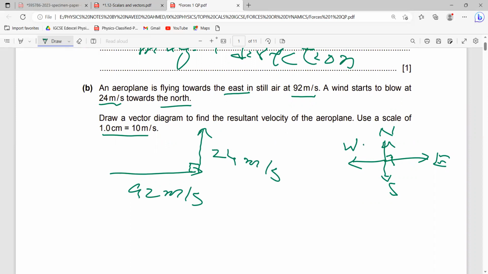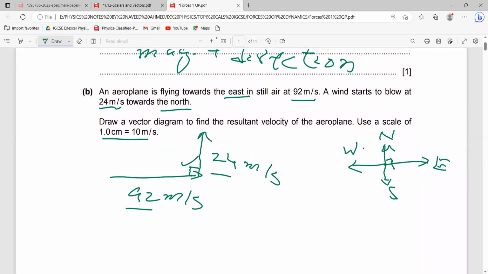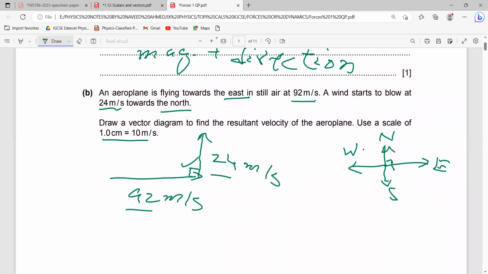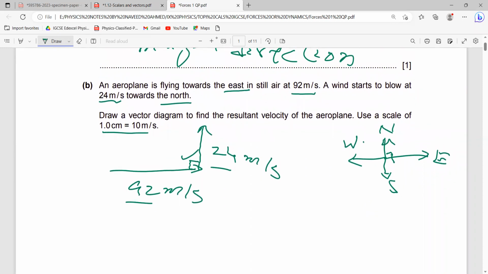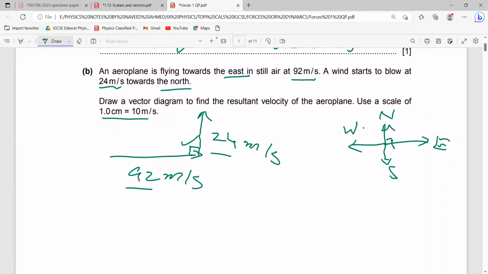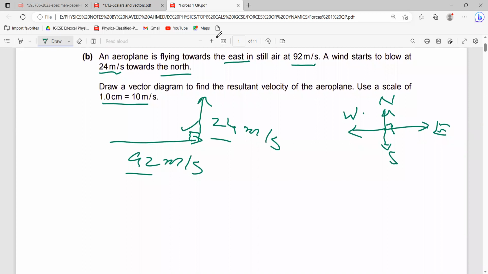So these are the two vectors. One is 92 meters per second and the other is 24 meters per second, and they have an angle of 90 degrees. Now we are going to draw this diagram with the help of a scale, protractor and compass.